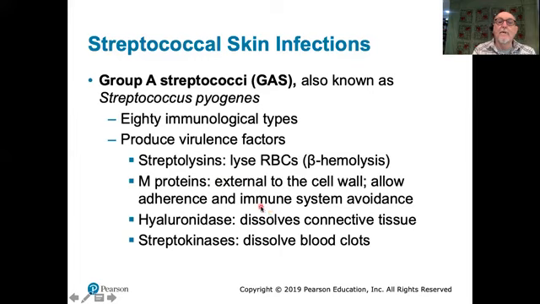They also produce high hyaluronidase. Depending on the strain you're talking about, this can be extremely dangerous because it dissolves connective tissue.